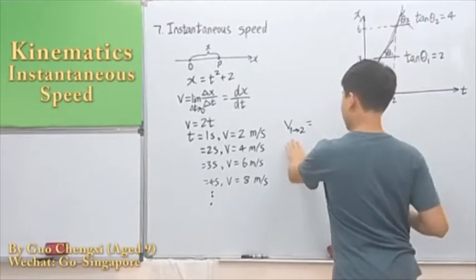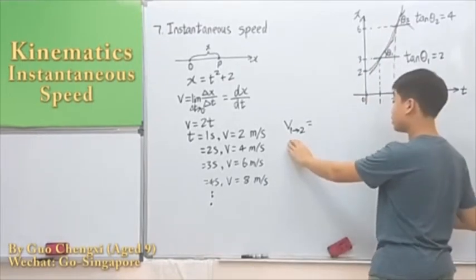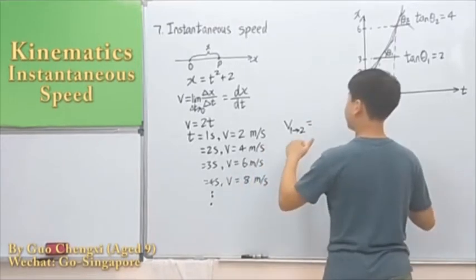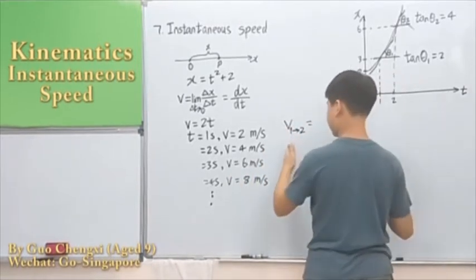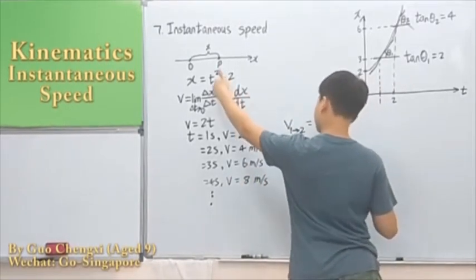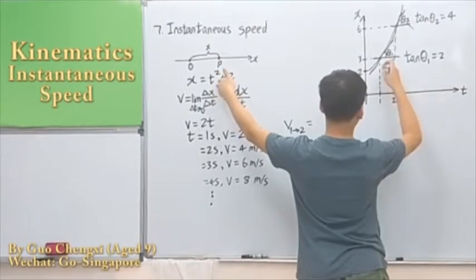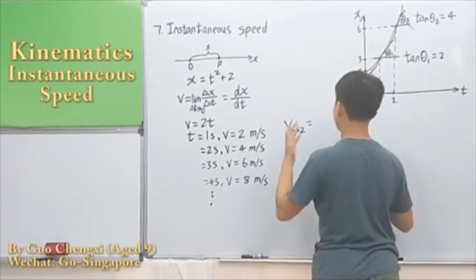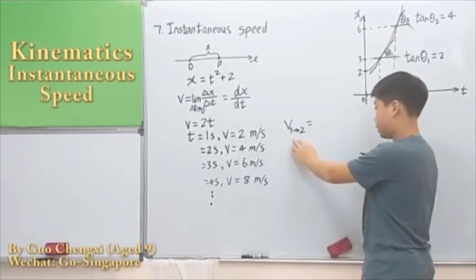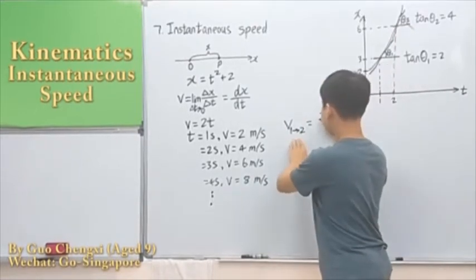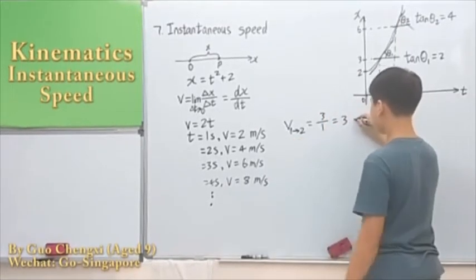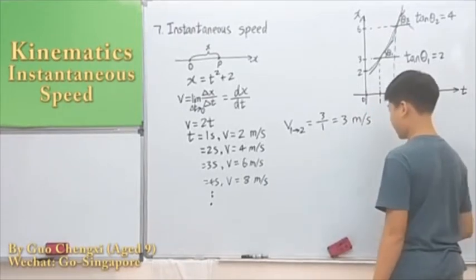So from the first second to the second second, the total distance that it would have traveled, from this 1 you get 3, then from the 2 you get 6. So the difference is 3, and this part would be 1 second. So it gets 3 meters per second.